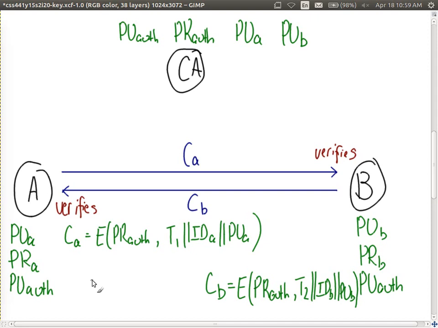B receives the public key of A, and they know it's A's public key because it was signed by the authority, and we trust the authority. We already have its public key. Similar, A receives the certificate of B. The certificate of B contains the public key of B, and A trusts that received certificate because it trusts the authority. And hence we have achieved our aim.